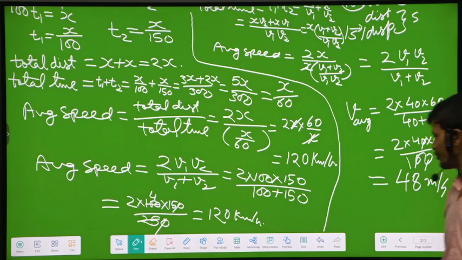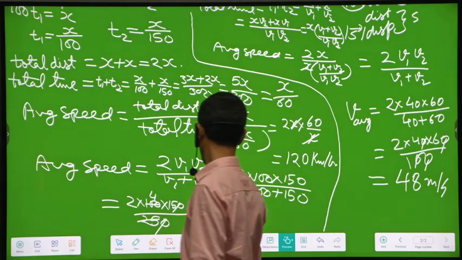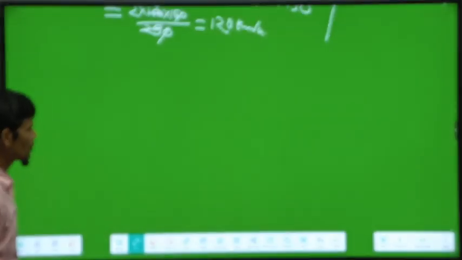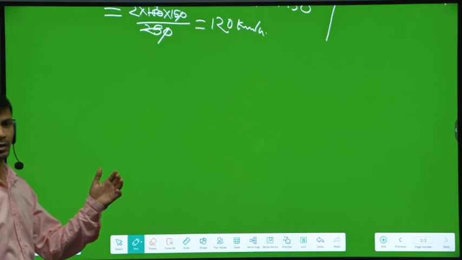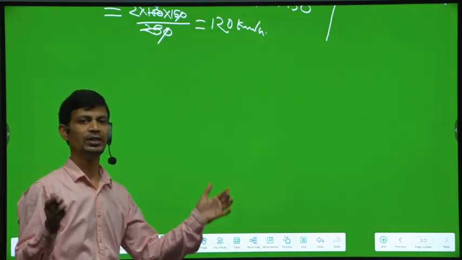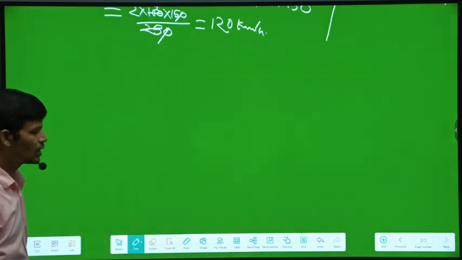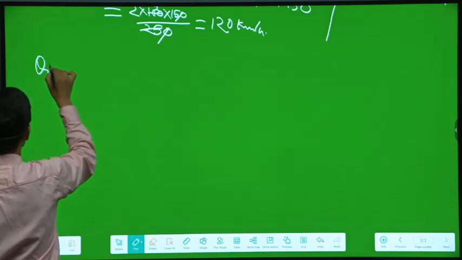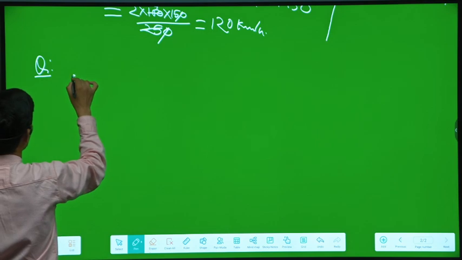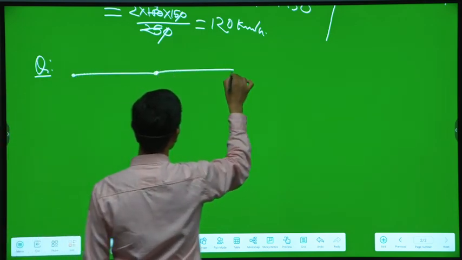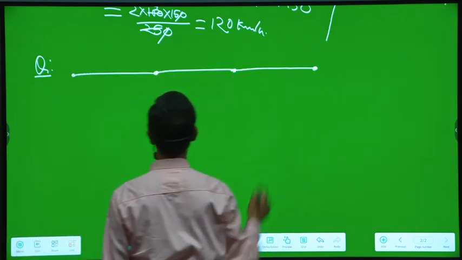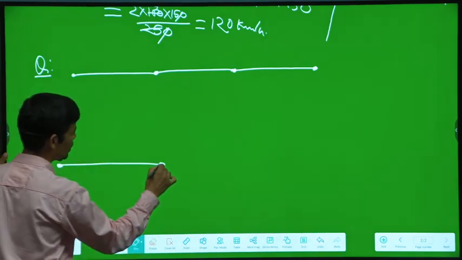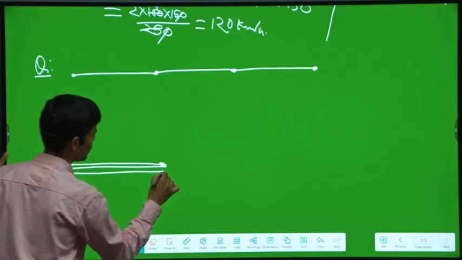But what if there is a question in which the journey has been divided into 3 equal parts? So let us suppose, I'm not stating the question here, I'm just drawing it. Now let us suppose the object moved here, then came back, and then again went.